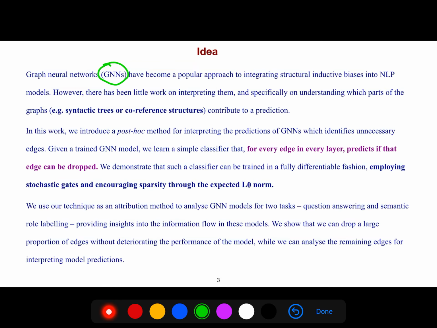We demonstrate that such a classifier can be trained in a fully differentiable fashion, employing stochastic gates and encouraging sparsity through the expected zero norm. And so we use our technique as an attribution method to analyze GNNs for two tasks: question answering and semantic role labeling, providing insights into the information flow.